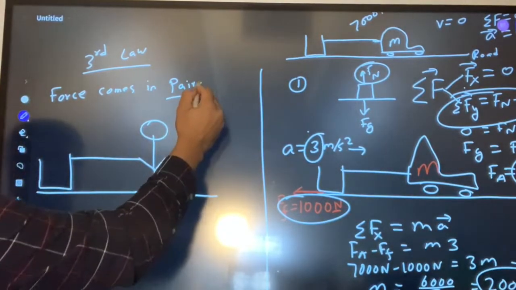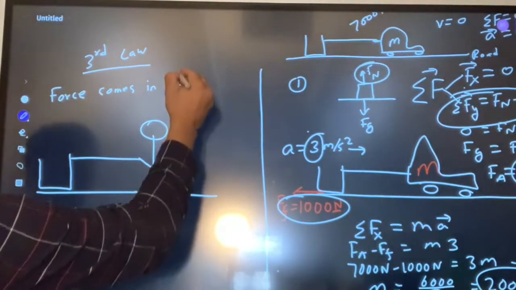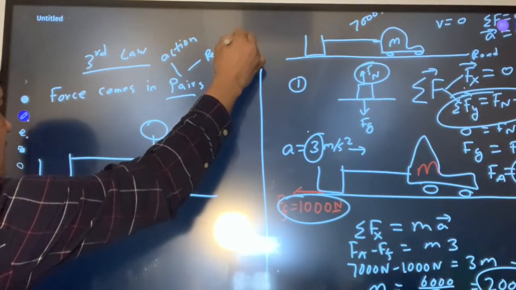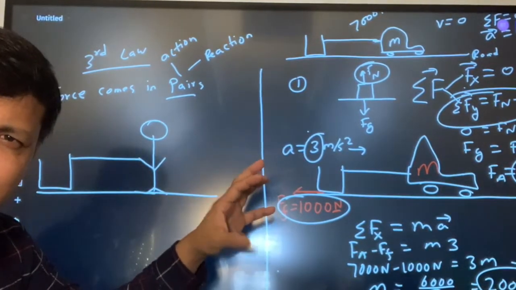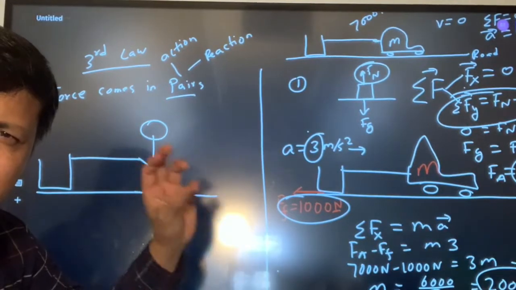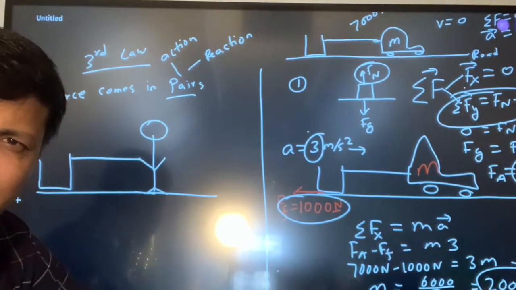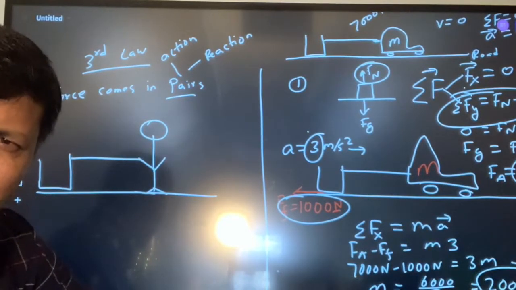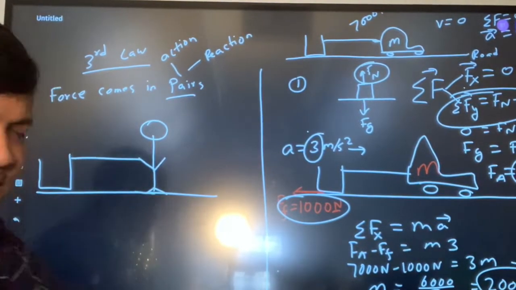If the force comes in pairs, meaning action and reaction, and they are equal in magnitude, opposite in direction, then that means there would never be a net force. That means there would never be acceleration. That means the object would never move. Would the driver be able to move the sled? That's the question. Yes, because action and reaction act not only on one object, in this case 3 objects.